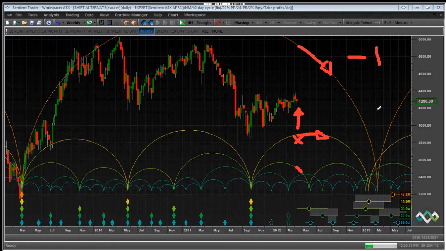Hurst demonstrated mathematically, and I won't bore you with the details now, that when we're considering what's going to happen to the market tomorrow, for instance, and when you're considering the relative strength of all of these cycles, in fact every one of those cycles has effectively equal strength.